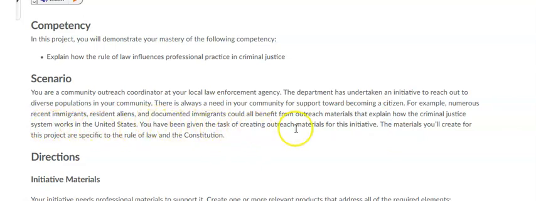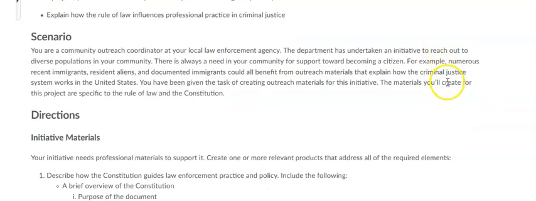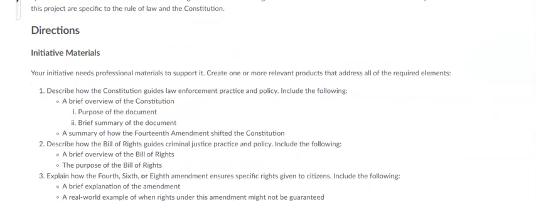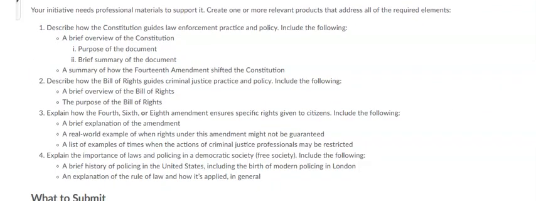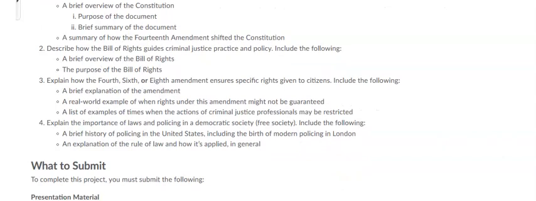You've been given the task of creating outreach materials. The materials that you're going to create are specific to the rule of law and the Constitution. Follow the directions clearly here. Describe, explain, and explain. This is a university level assignment.